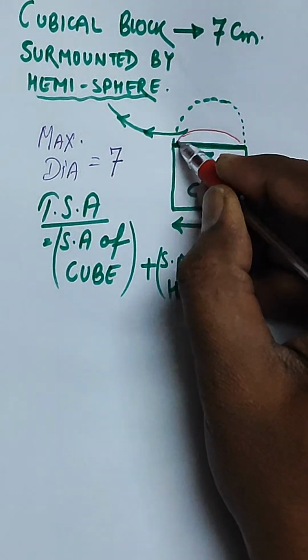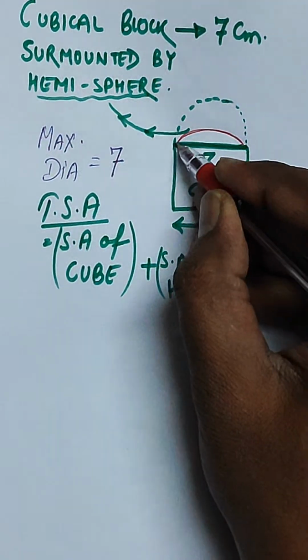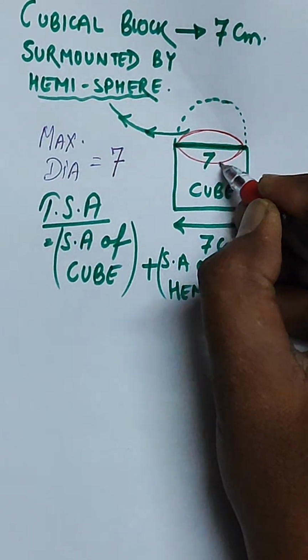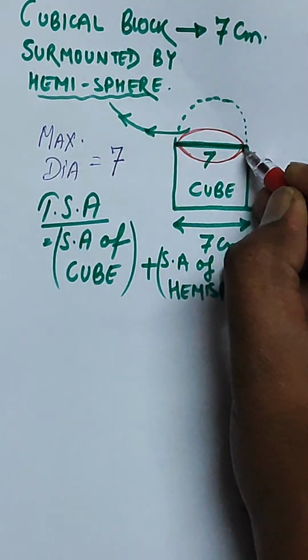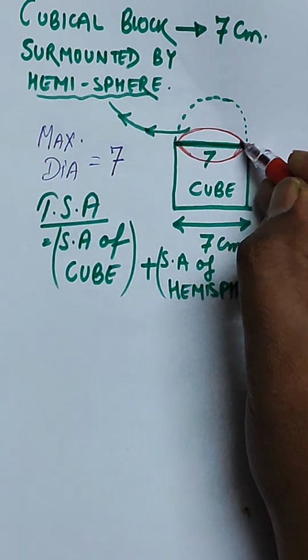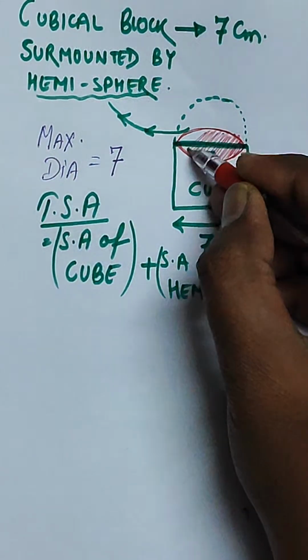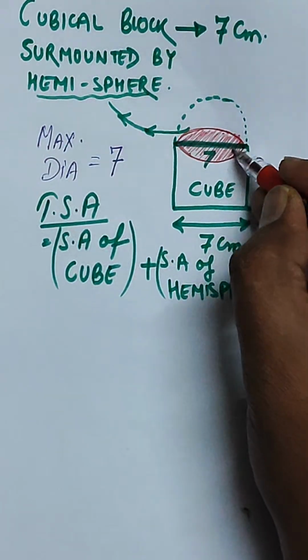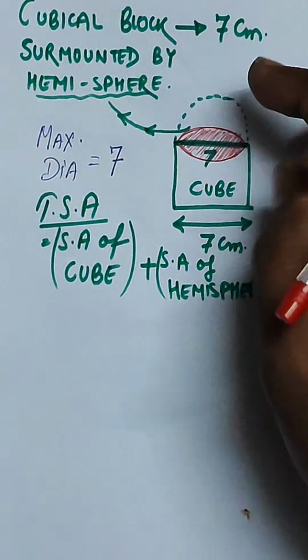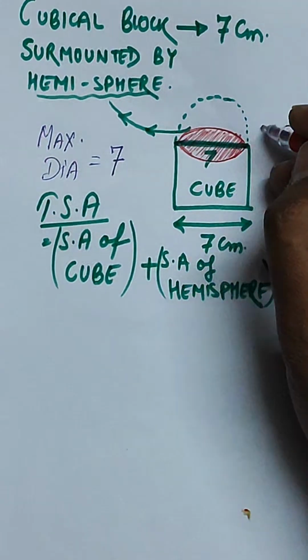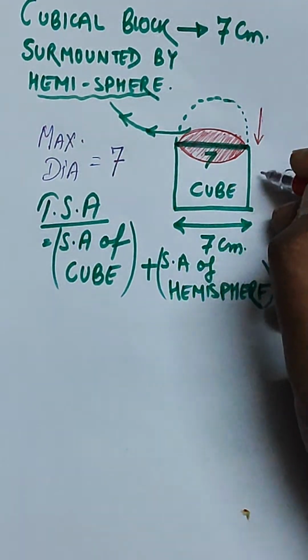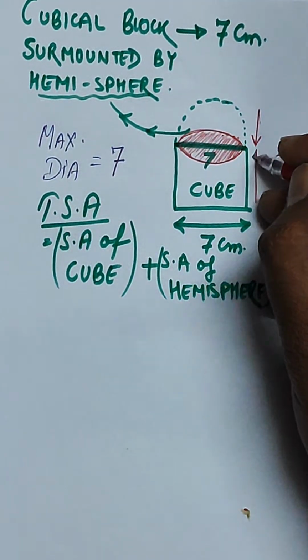because of the shape which is in contact with the cube. The bottom of the hemisphere has a circle, so you need to remove this portion. Why? Because this is in contact with the face of the cube.